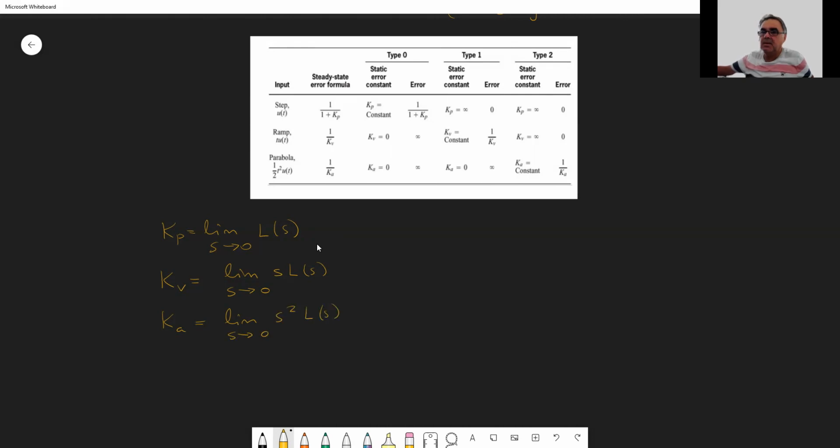These are called error constants. This is the position constant. This is the velocity constant. And this is the acceleration constant.